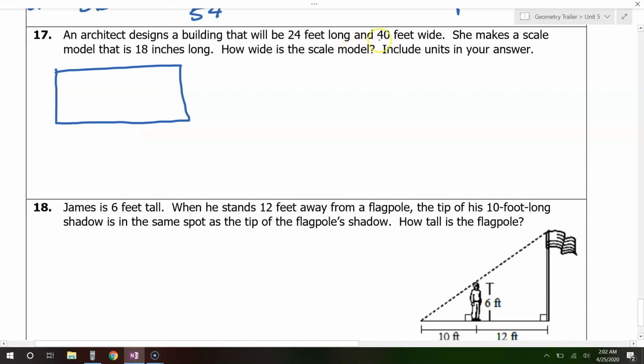That's weird, why did they word it that way? They said long, but maybe they mean tall. Anyway, they worded it a little bit weird, but one of the dimensions is 24 feet, and the other dimension is 40 feet.